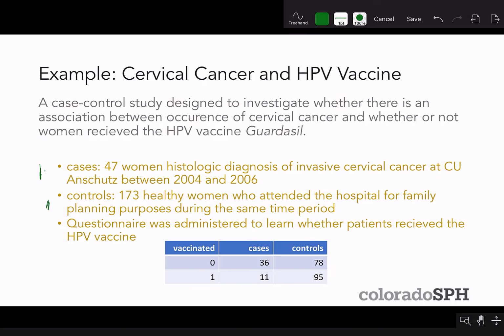These are healthy women who attended the hospital for family planning purposes during the same time period. Then a questionnaire was administered to learn whether or not patients had previously received the HPV vaccine. Here's a table of that data.